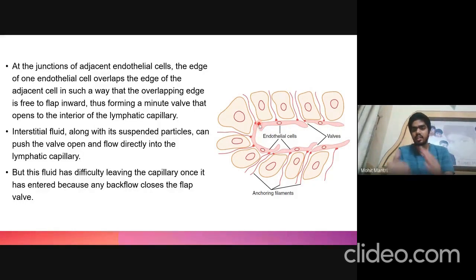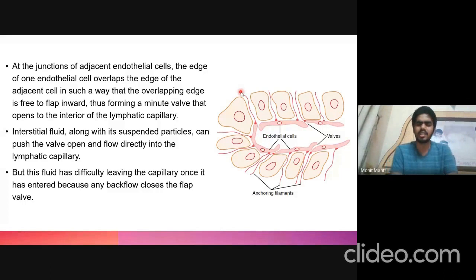This overlapping allows the free movement of fluid from the interstitial fluid inside the lymphatic capillaries. But once the fluid reaches inside the capillary, this acts as a valve. The valve will close, and the fluid, which is the lymph, will not move back out to the interstitial fluid.